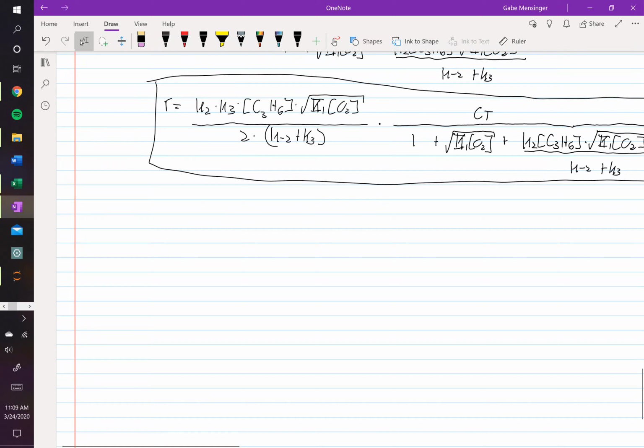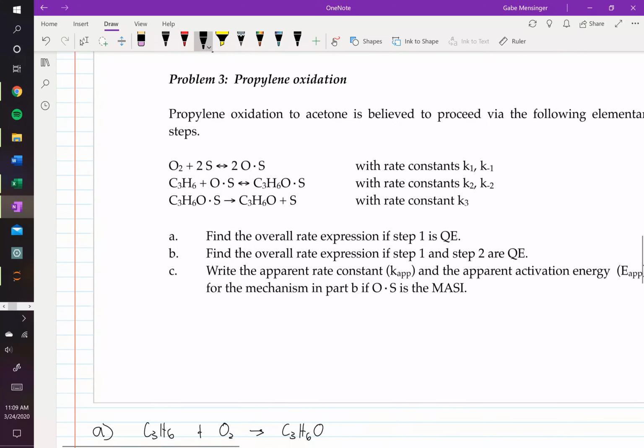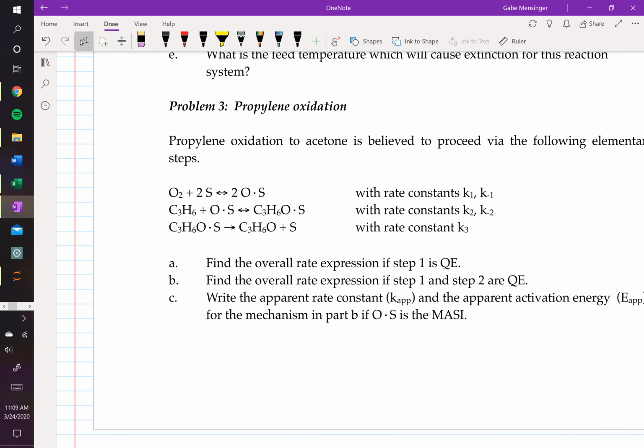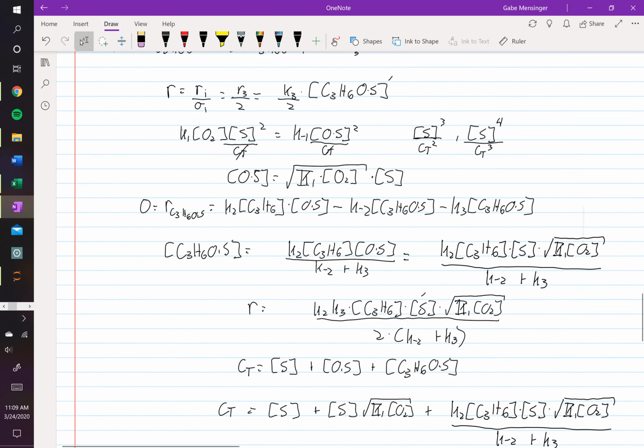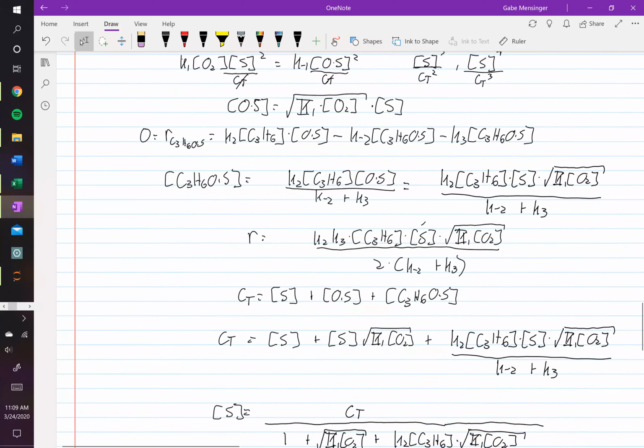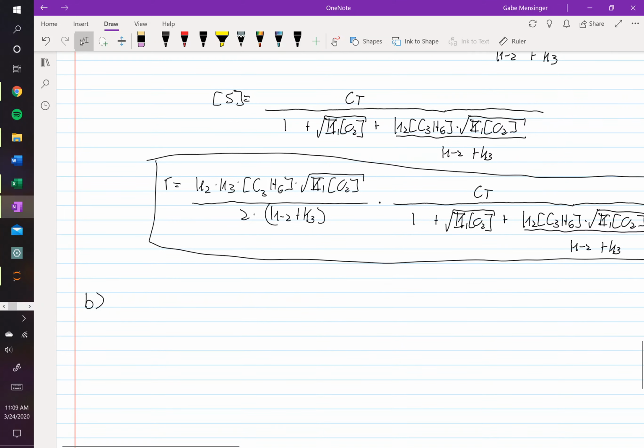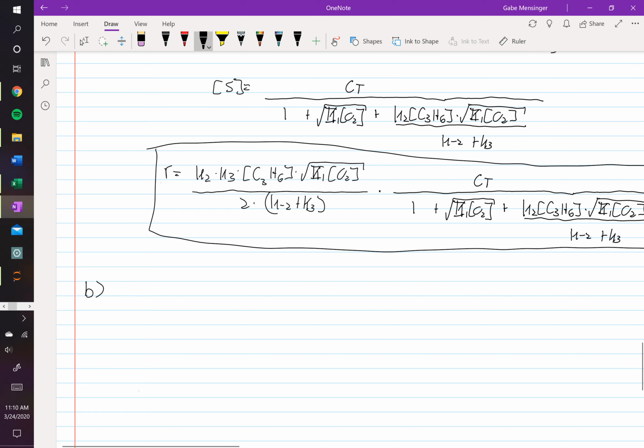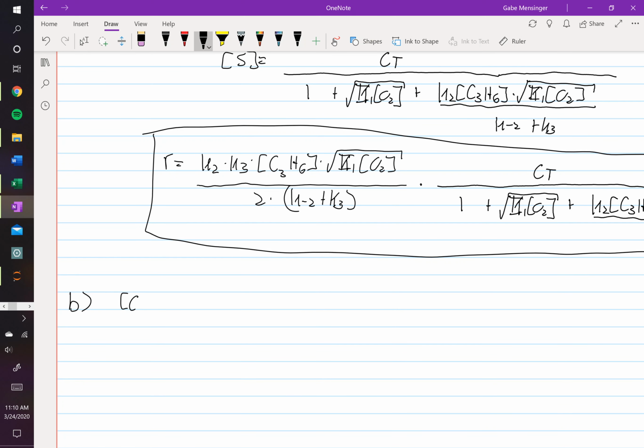Okay, so that was part A. Moving on to part B. Find the overall rate expression if step 1 and step 2 are QE. Last time we only assumed step 1 was QE, and when we made that assumption, we also said that the concentration of O*S is equal to this.